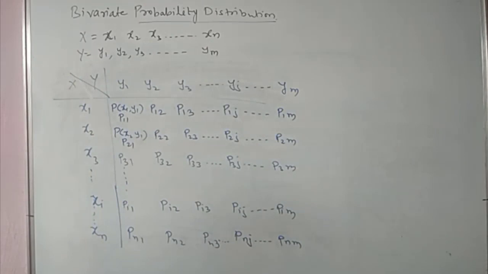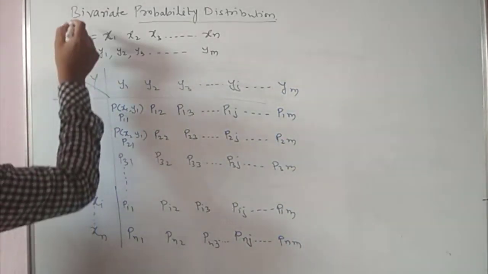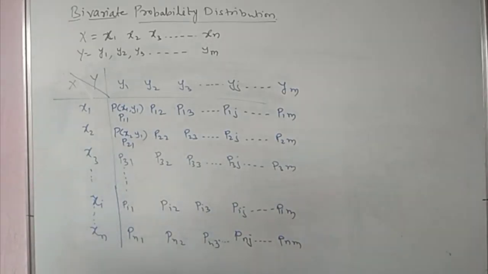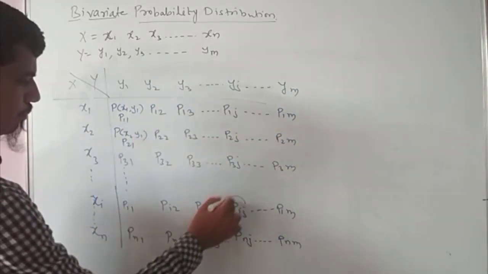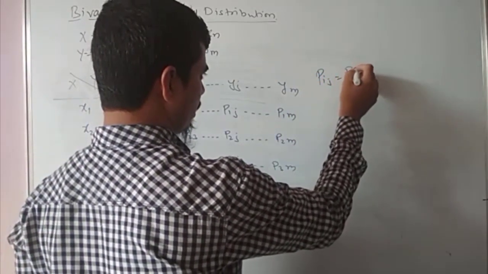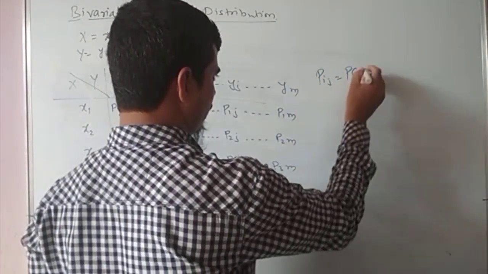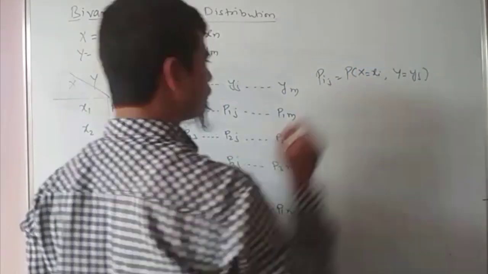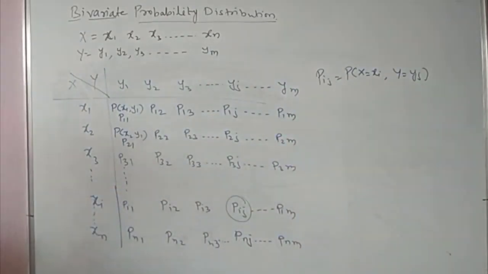Such a distribution is known as a bivariate probability distribution, because we consider only two variables. It is also called a joint probability distribution, where the general term pij means that the random variable X takes xi value and random variable Y takes yj value, which is a joint probability.